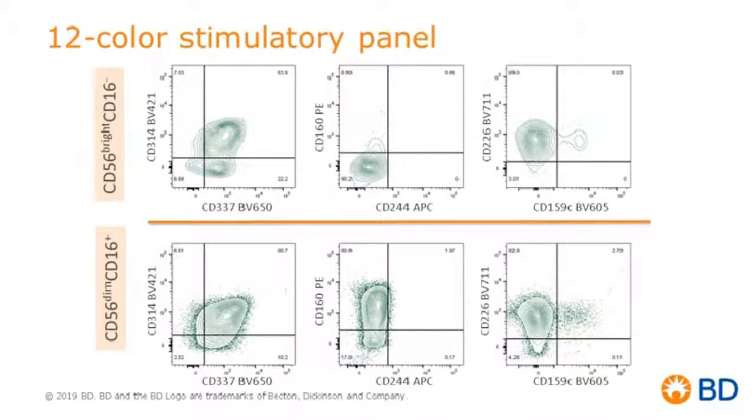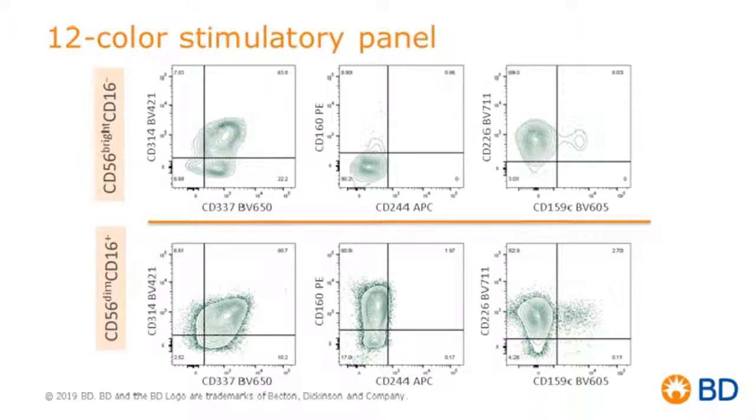And we can see different levels of expression of this stimulatory panel in different subsets, notably CD160, in agreement with recent data in the literature. It's primarily expressed on the CD56 dim positive cells as compared to the bright cells.